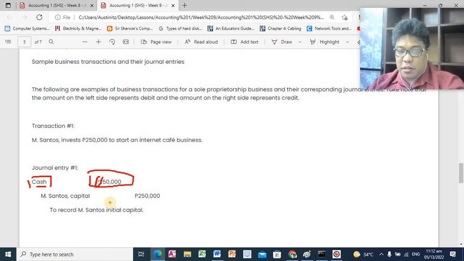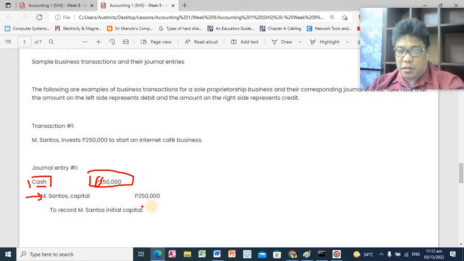Then next we have the credit side, M. Santos comma capital, so we always put comma then capital, and then the value, which is 250,000. Remember, sa credit side, it will be indented at least 3 spaces or 5 spaces. Ako normally ang ginagawa ko ay 5 spaces. Kung kayo po ay naka-computer, tab lang, pwede na po.